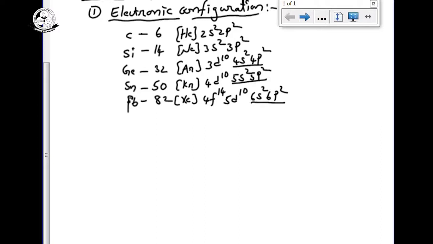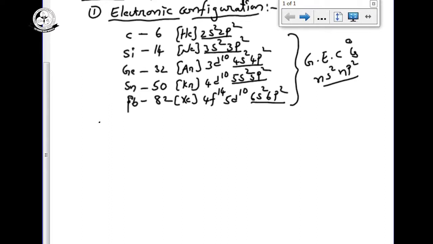Now as per our electronic configuration, the general electronic configuration of this group of elements is ns2 np2.